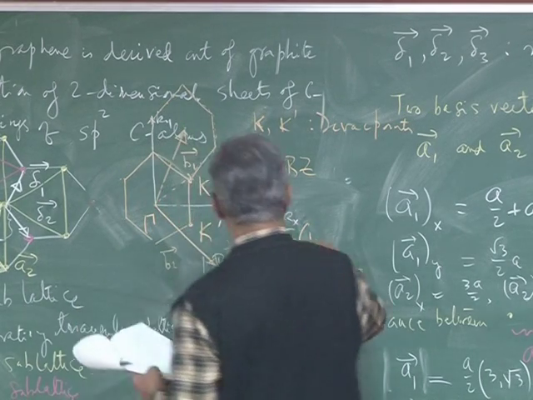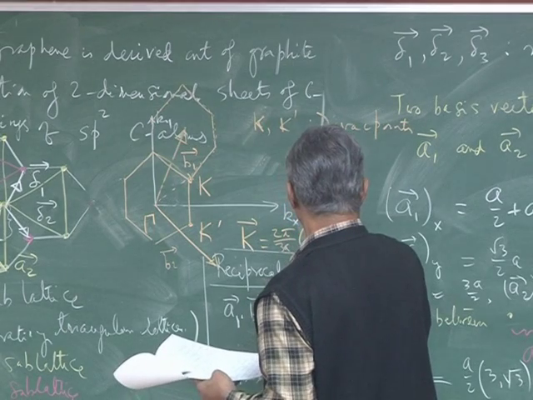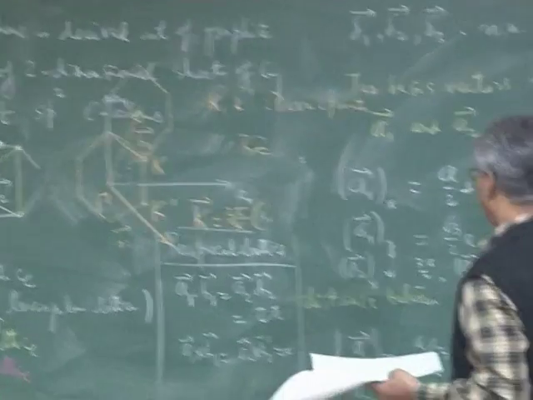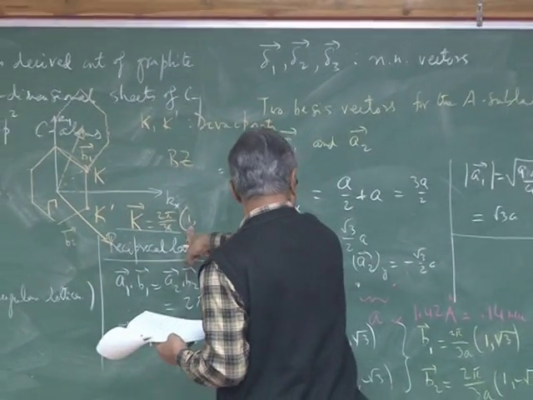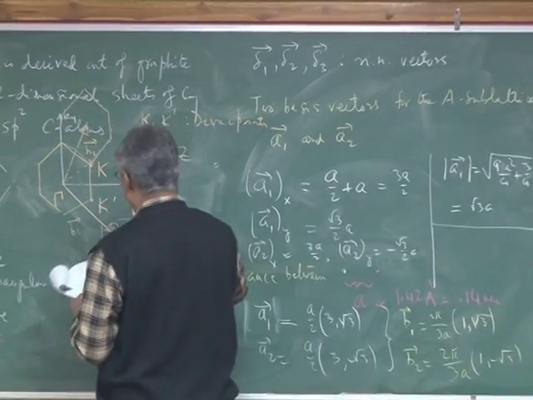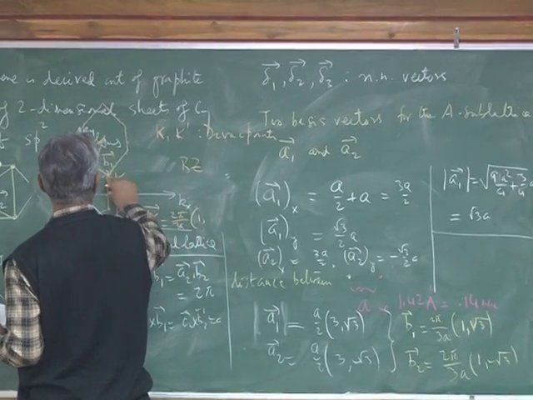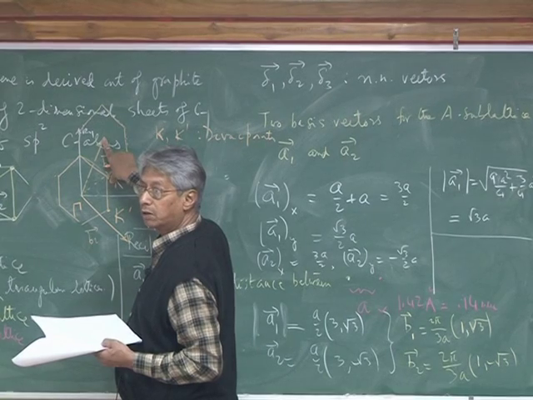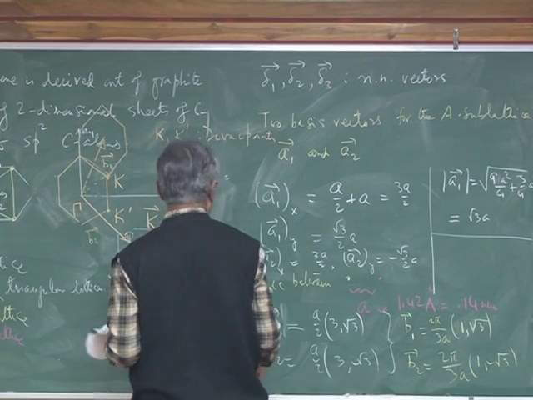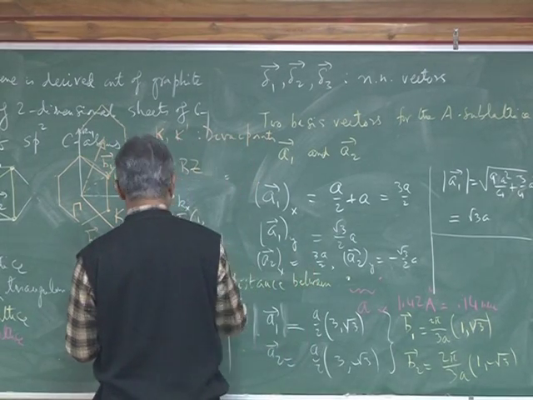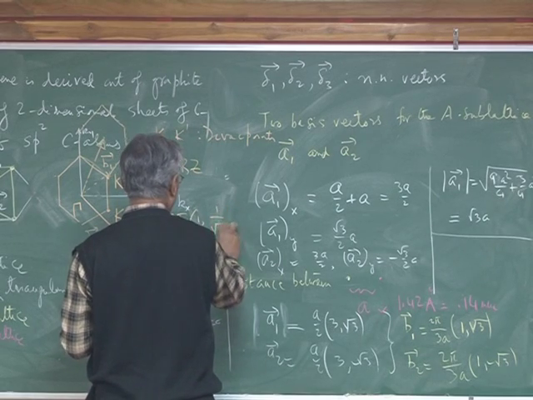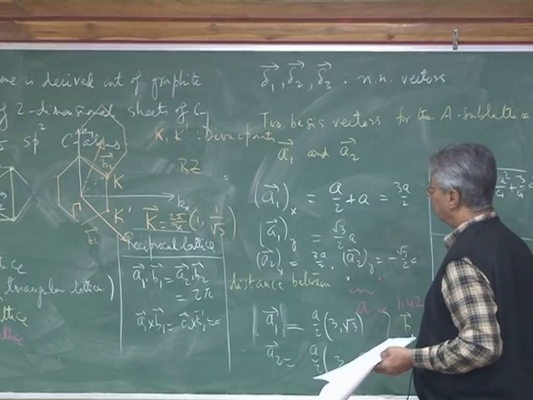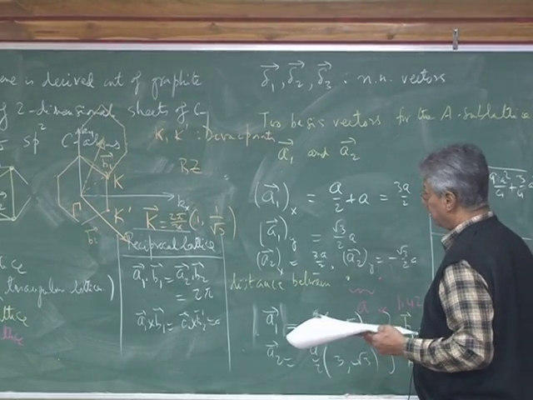So the X component of K is the same as the X component of the B1 vector, which is 2π/3a, which is what I've written here. But the Y component is just 1/3 of the Y component of the B1 vector, as you can see from the diagram. And so the Y component is simply 1/√3. So you take 1/3 of this, you divide √3 by 3, and you get 1/√3.